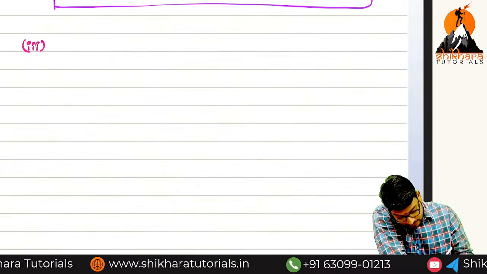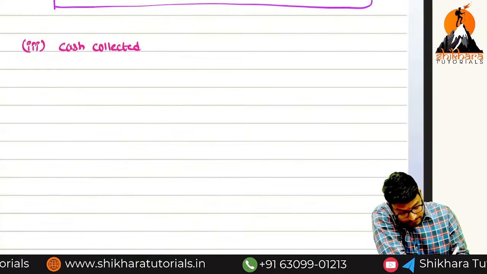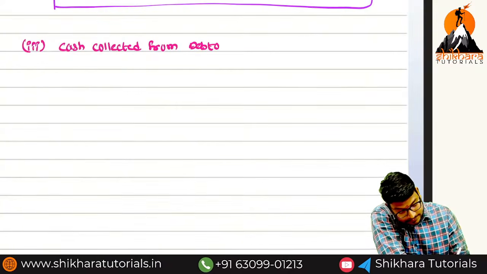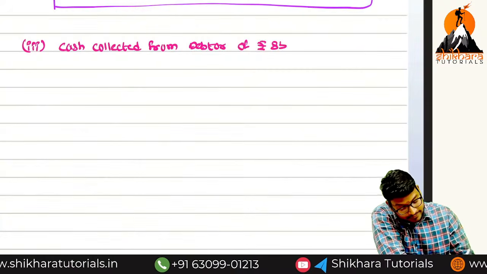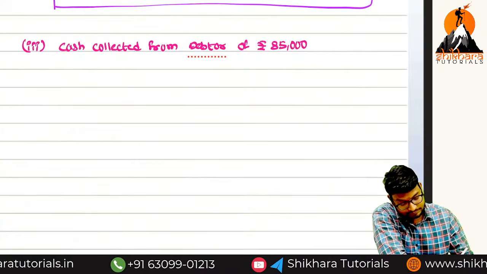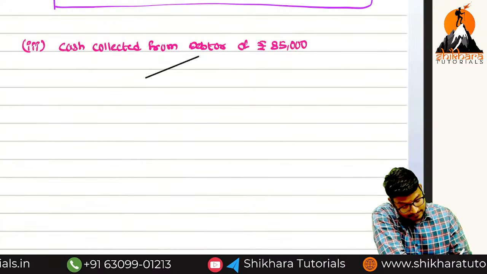Cash collected from debtor of rupees how much? 85,000. Now what are the two outcomes? Cash and debtor.